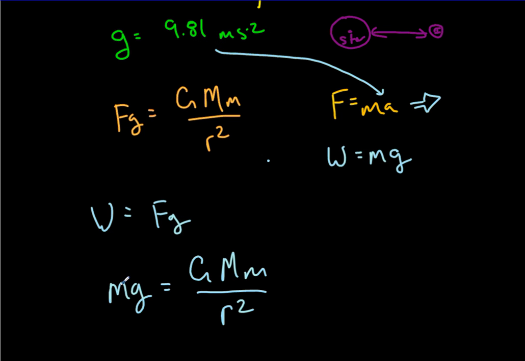Okay? Now notice what we have here. The small m crosses off. So what does that mean? That means near the surface of a planet, in a gravity field, the mass of the object becomes irrelevant when you're talking about its acceleration.